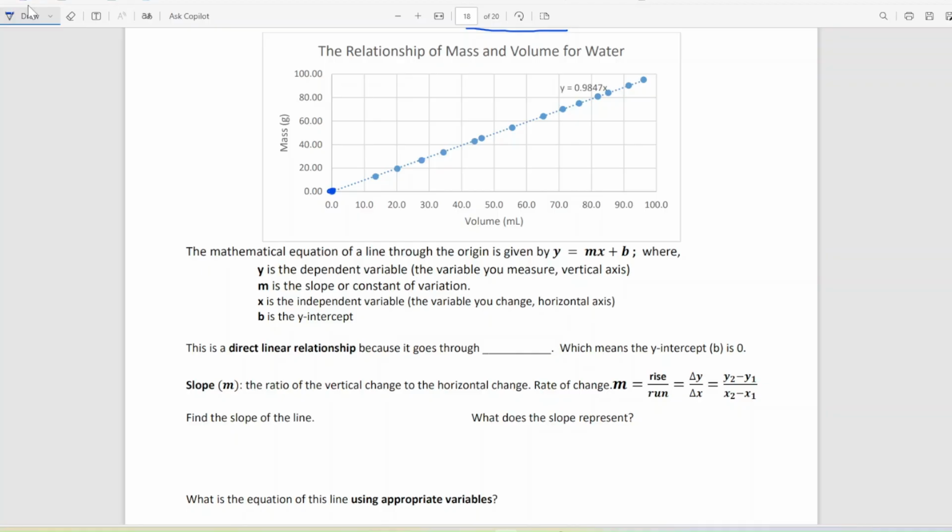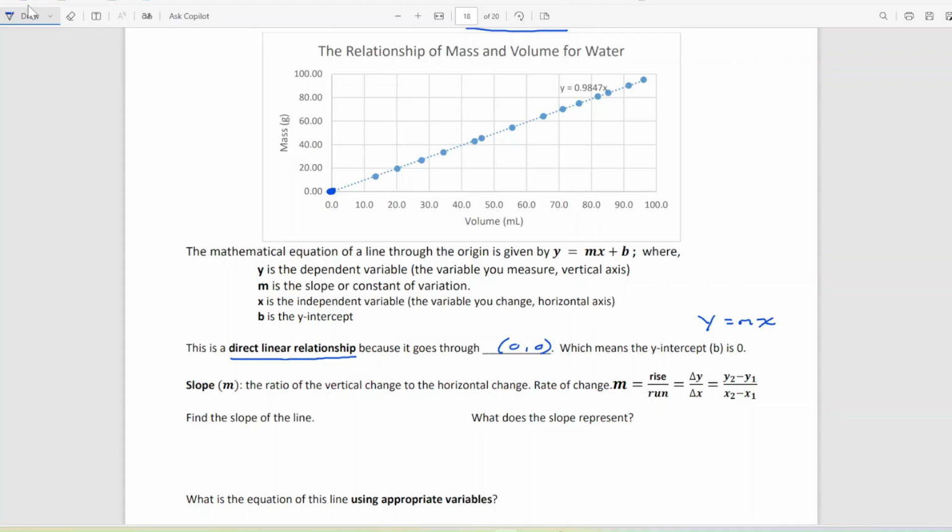And for this graph, it goes through 0, 0, because if you had no water, it would have no mass. So we would call this a direct linear relationship because it goes through 0, 0, which makes the y-intercept, or the b, 0, which means you would just have y equals mx.